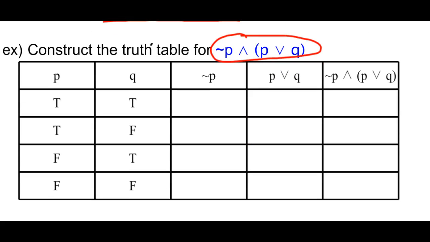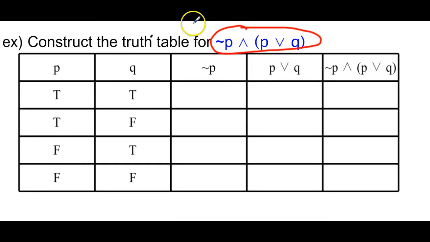So let's look at this example. We have not P and parentheses P or Q, all right? So we're looking at the truth value of this, and that is at the end right here, and this is again very important right here, all right? So not P, let's do the not P first since we already have our P. Not P would be false, false, true, true, right?